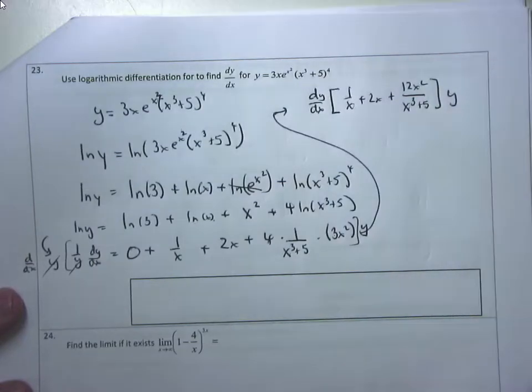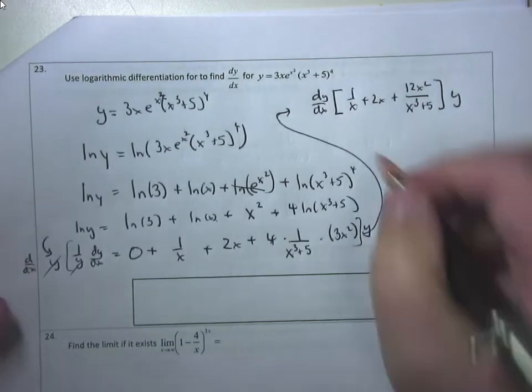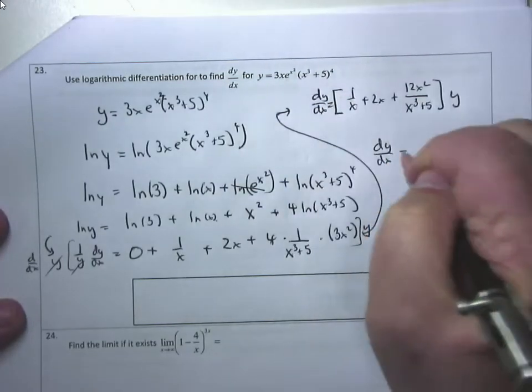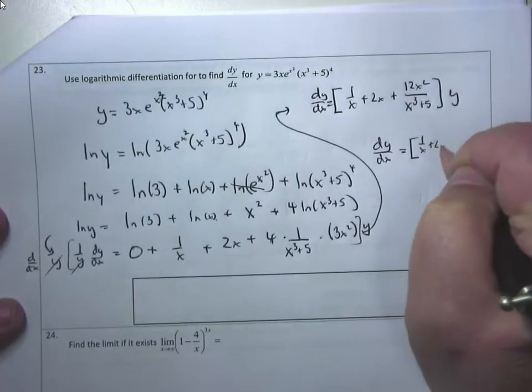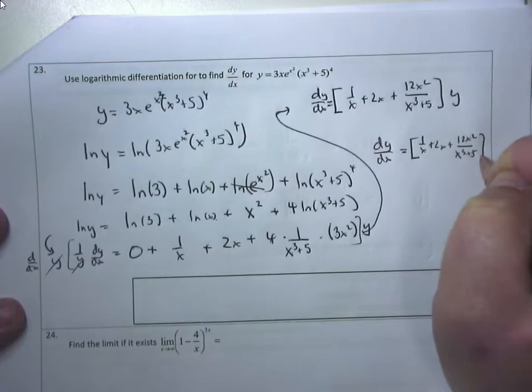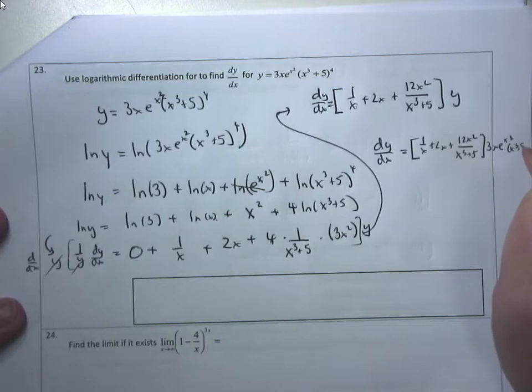times y. And then step number 5, my last step, is to do what? Replace y. So I get dy over dx is equal to 1 over x plus 2x plus 12x squared over x cubed plus 5 times y, which is this 3x e to the x squared times x cubed plus 5 to the 4th.